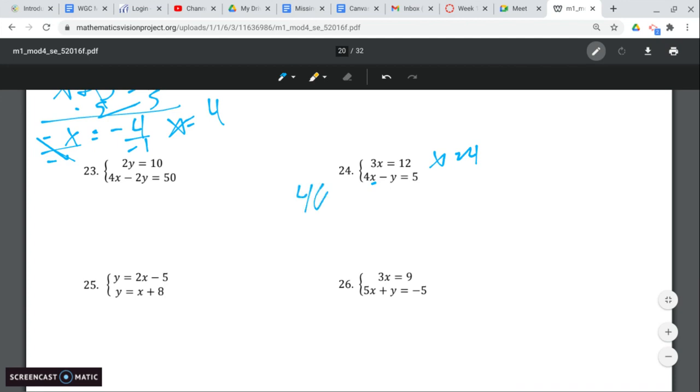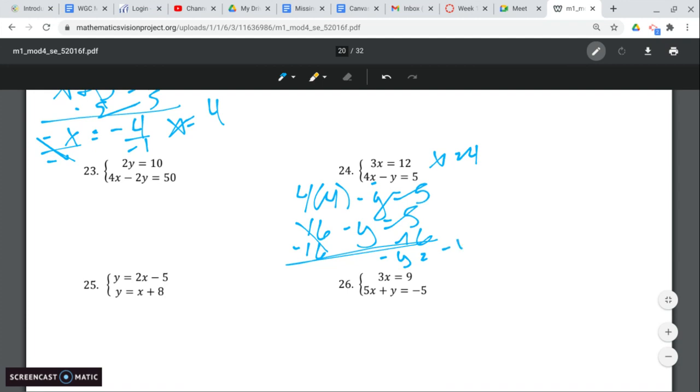So we have 4 times 4 minus y equals 5. 4 times 4 is 16. Now we subtract the 16. So we end up with negative y equals 5 minus 16, which is negative 11. Once again, divide by negative 1. So y equals 11. So our ordered pair is 4, 11.